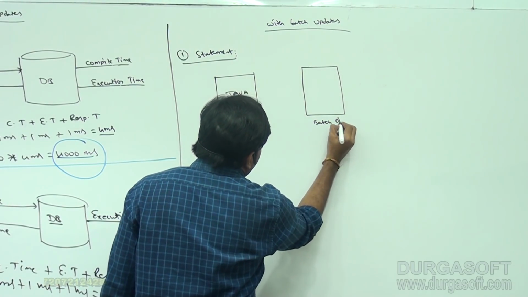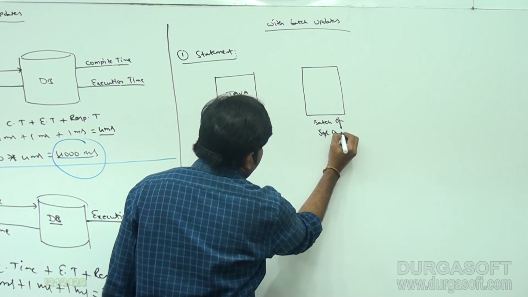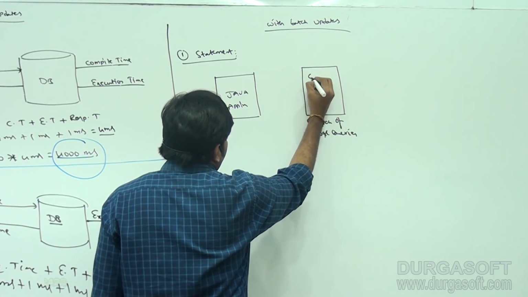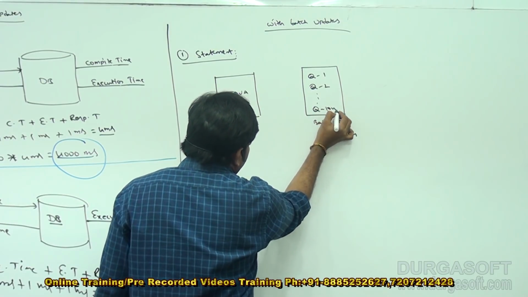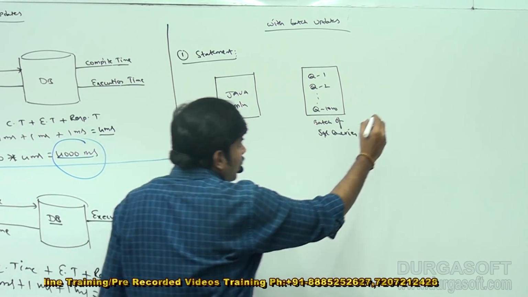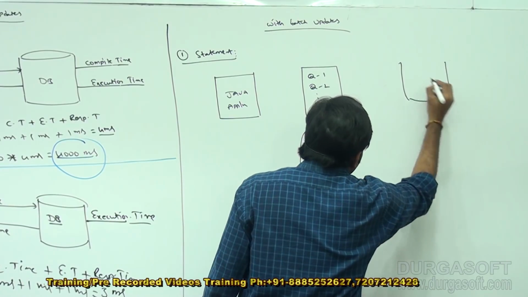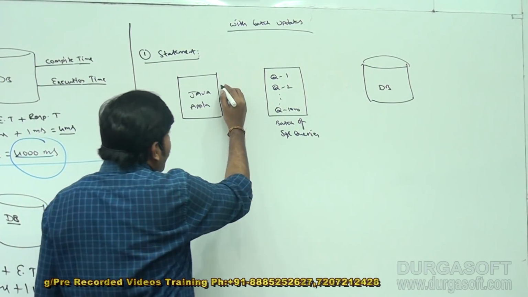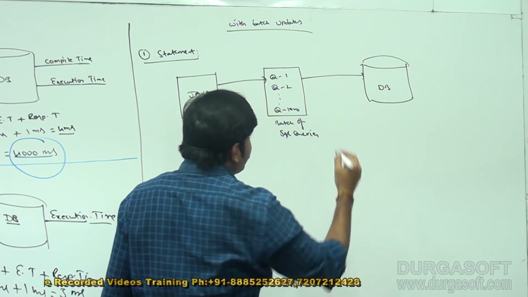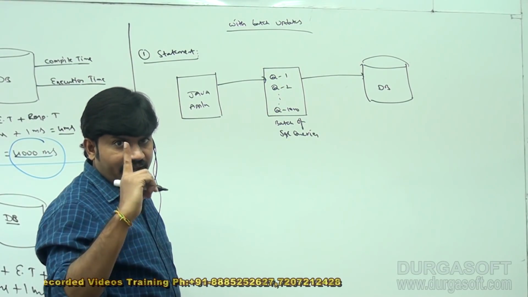Query 1, query 2, up to query 1000 is there. Assume this is my database. At a time, all this batch will be sent to the database. Yes, only one request time.